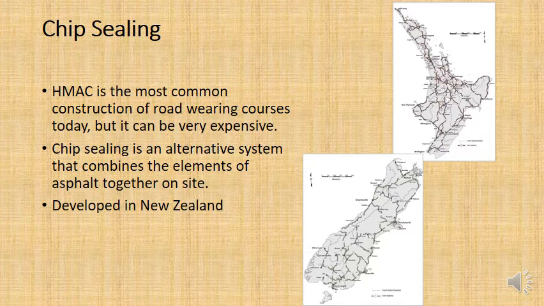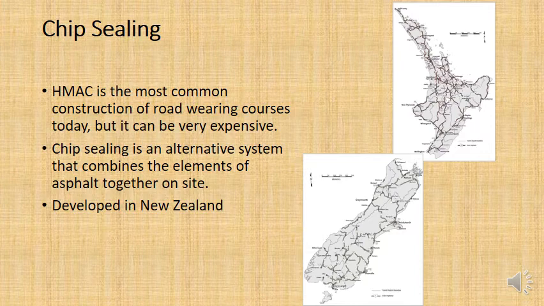And I'm telling you this because I think there's a lot of advantages with chip sealing which Kurdistan could really benefit from. So I'm introducing this as another material, even though I don't think this actually exists in a big way in Kurdistan. Even though it was developed and invented in New Zealand, it's growing in popularity throughout the world.